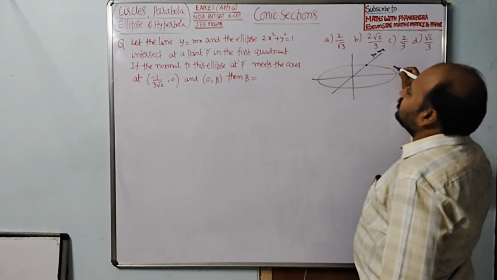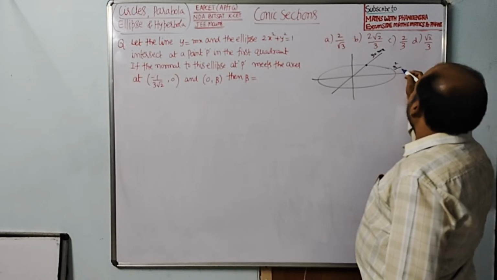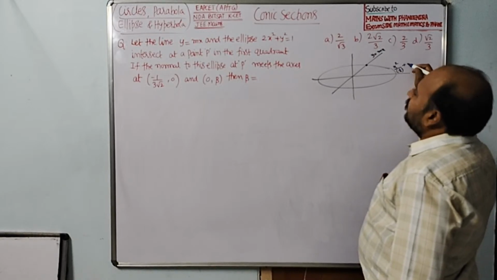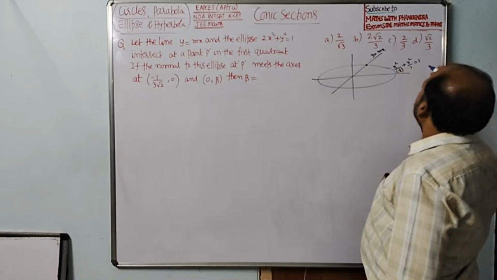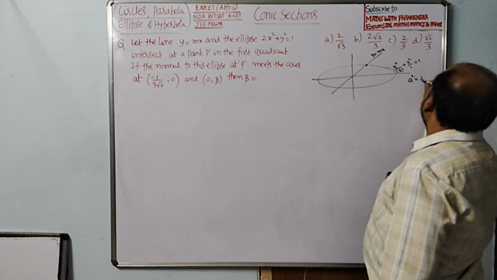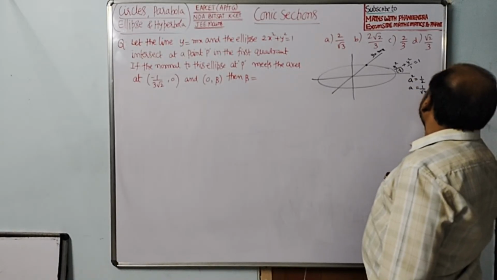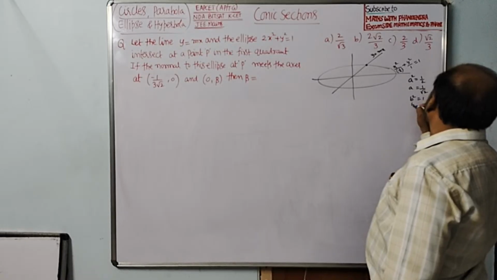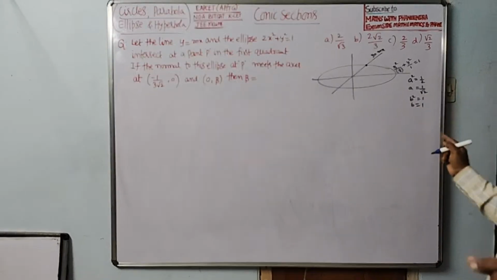The ellipse is x square by 1 by 2 plus y square by 1 is equal to 1. a square equal to 1 by 2, a equal to 1 by root 2, b square equal to 1, b is equal to 1. Clearly, we got this, dear students.